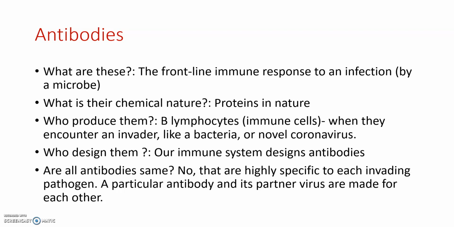B lymphocytes, which are the immune cells of our body, when they encounter an invader like a bacteria or a virus, like novel coronavirus in this case. Who designed them? Our own immune system designs the antibody. Now the next question that comes to our mind is whether all antibodies are the same. No, that's not the fact. The fact is they are highly specific for each invading pathogen. A particular antibody and its partner virus are made for each other.